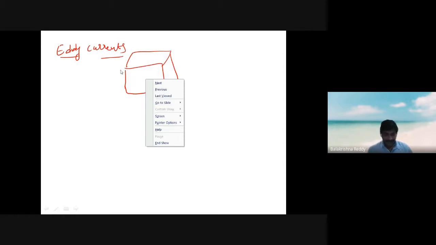So eddy currents are the currents which develop inside the metallic blocks which are involved in the magnetic field or inducing magnetic field. Due to the inducing magnetic fields inside the metals, circular currents will develop like this.